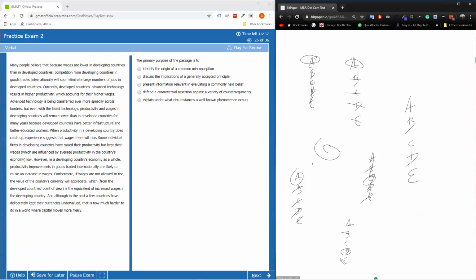Whoa, pretty complicated. The primary purpose of the passage is to identify the origin of a common misconception. I don't think that's best. Discuss the implications of a generally accepted principle. Present information relevant to a commonly held belief.